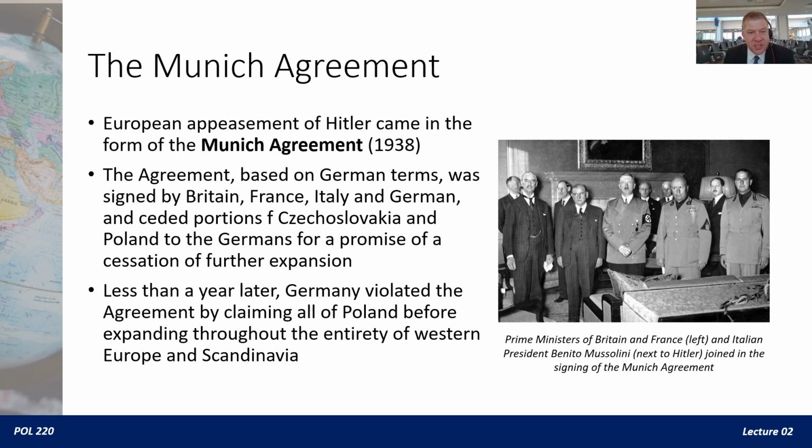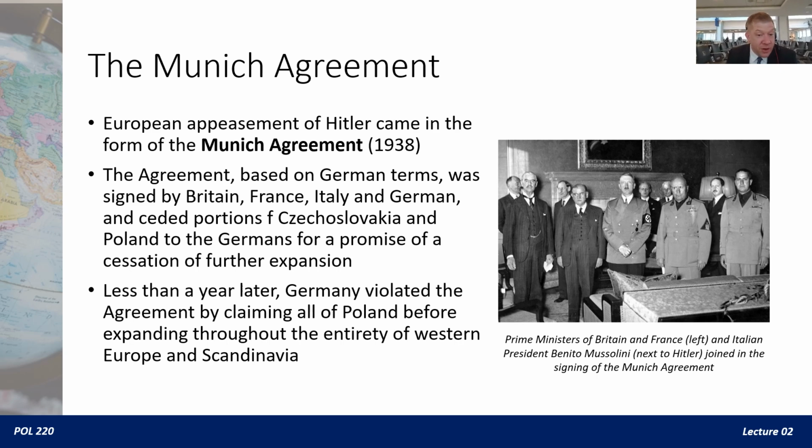So the Munich Agreement, signed in 1938, was largely based on German terms, was signed by Britain, France, Italy, and Germany, and essentially ceded portions of Czechoslovakia and Poland to the Germans. And in doing so, there was a promise that essentially the Germans would stop their expansion, and they would leave it at that.